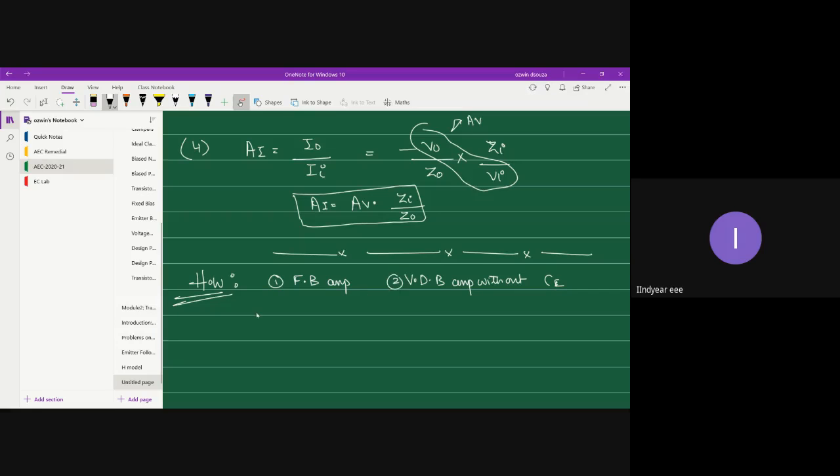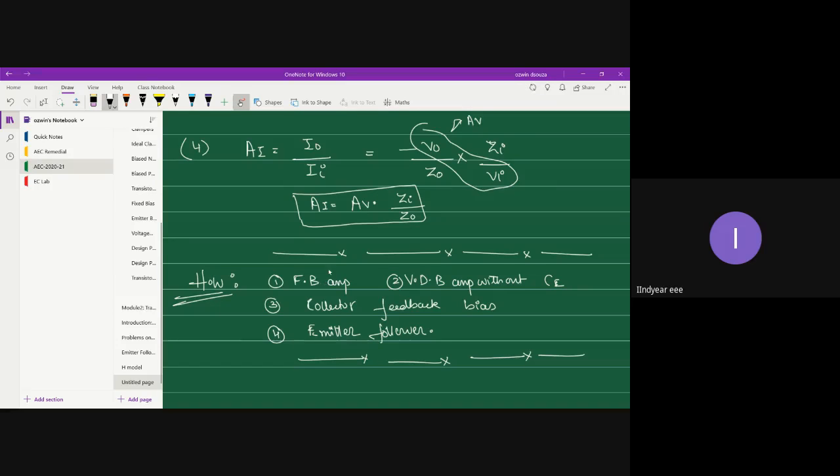Third one is going to be collector to base bias or collector feedback bias, and fourth one is going to be emitter follower. Okay, so all these circuits I have solved in RE model.